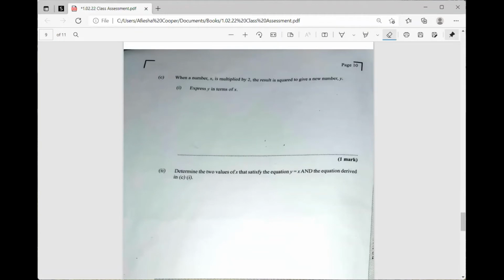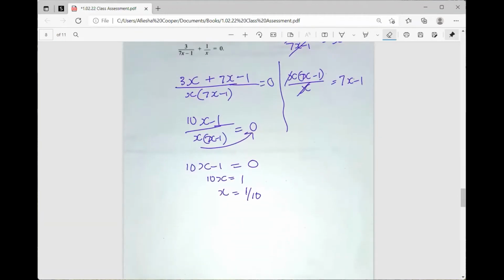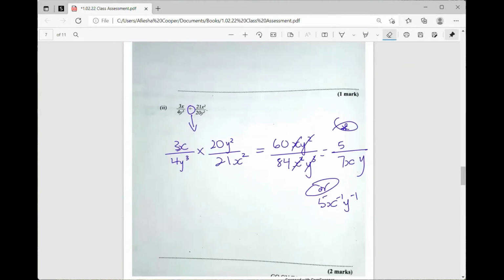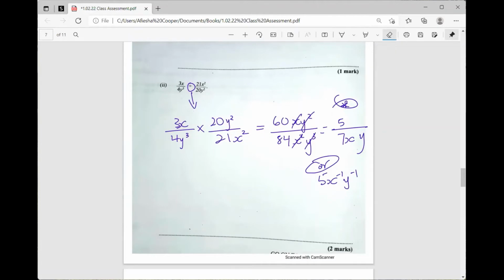Can you scroll back up to the 3x over 4y cubed, the other one before that? Yes, this one, 4y cubed.